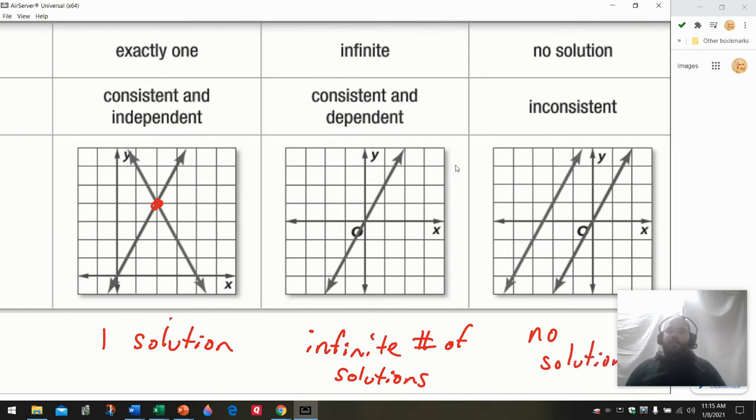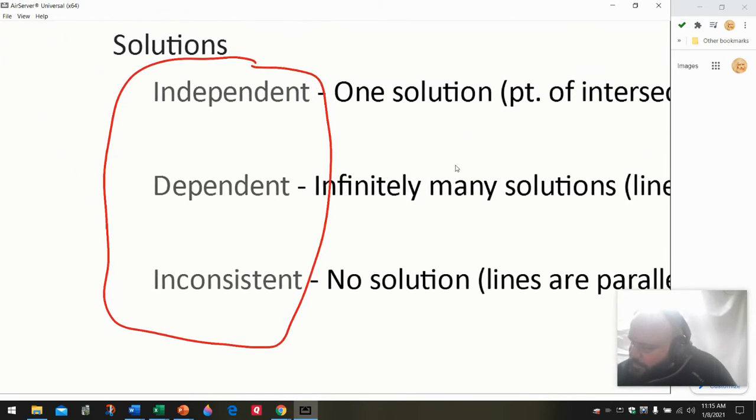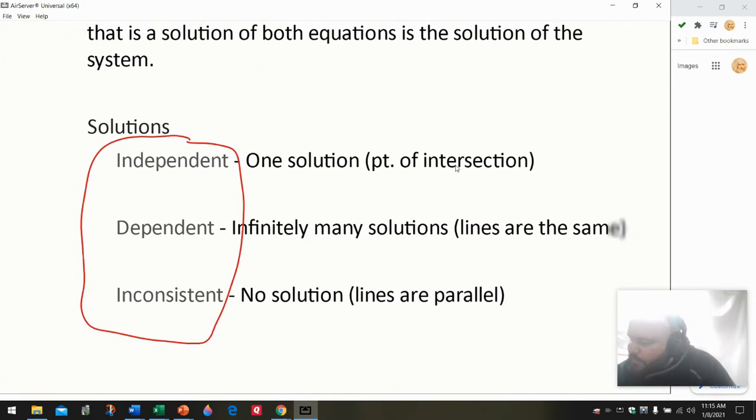Okay. Now, let's talk about why that happens. Before that, I want to scroll up here and look at these real quick. So the solutions, there's three types of solutions. There's independent, which is when there's one solution. There's dependent, when there's infinitely many solutions. The lines are the same. And then there's inconsistent, which means no solution.